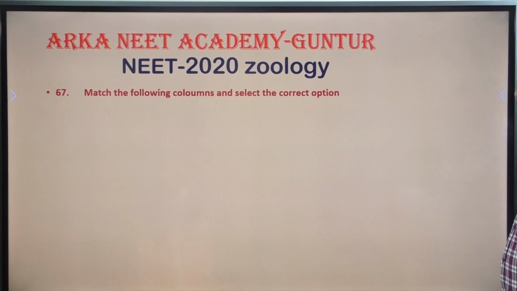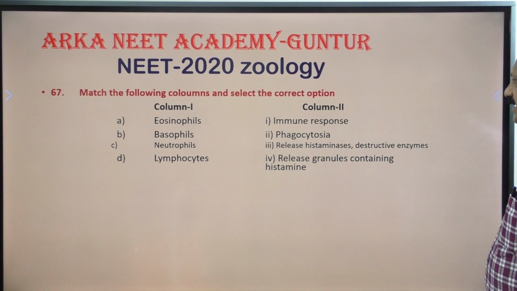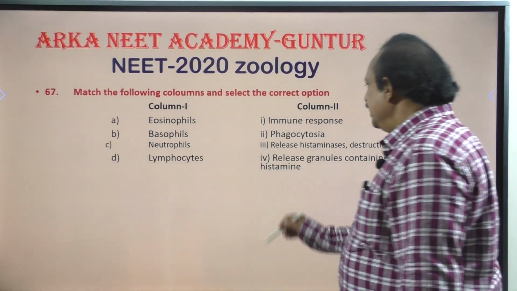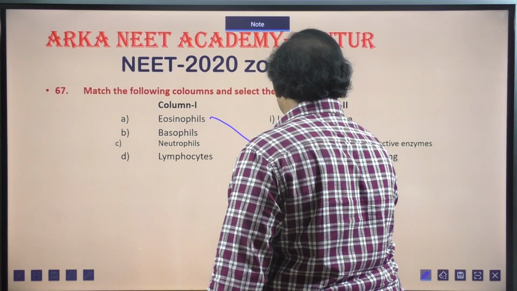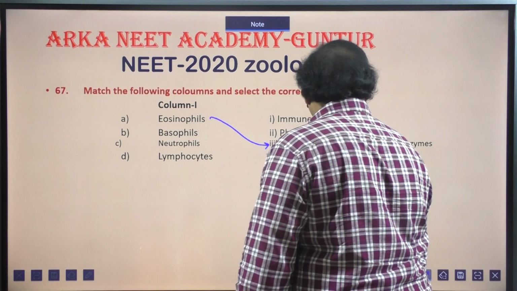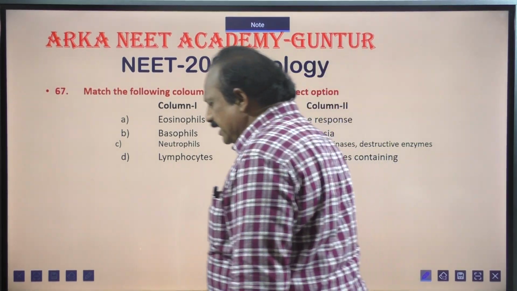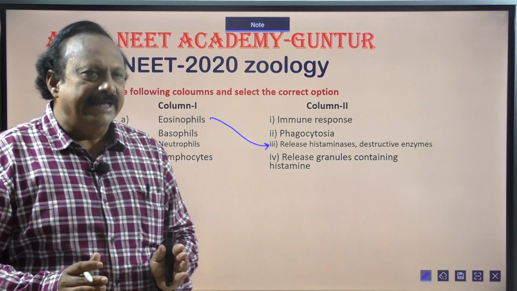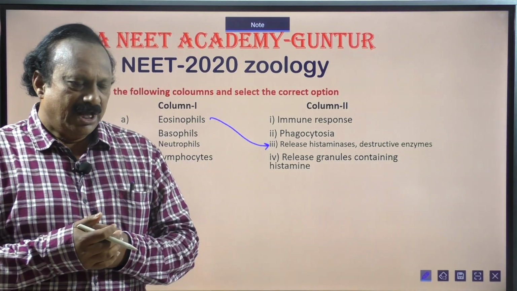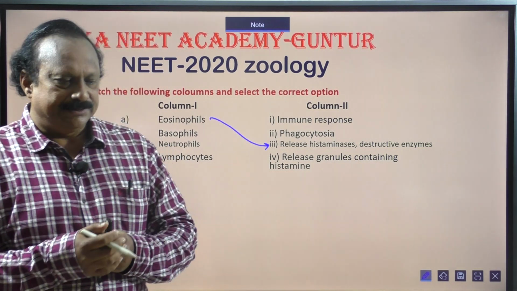Okay. Next, come to match the following columns and select the correct option. Now look at this one. Eosinophils. They release histaminase, a destructive enzyme. Histaminase is the enzyme which destroys histamine during allergies.